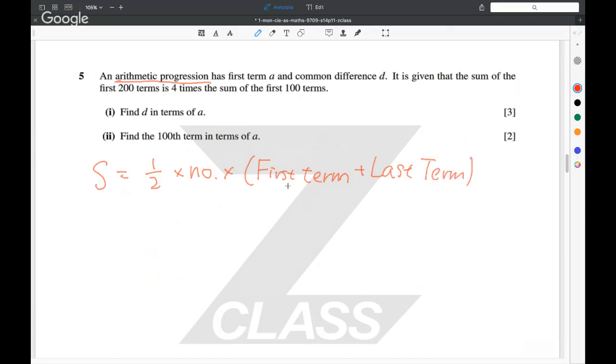Although we're not given the precise value of the first term and the last term, we know that they can all be expressed in terms of a and d in this way.